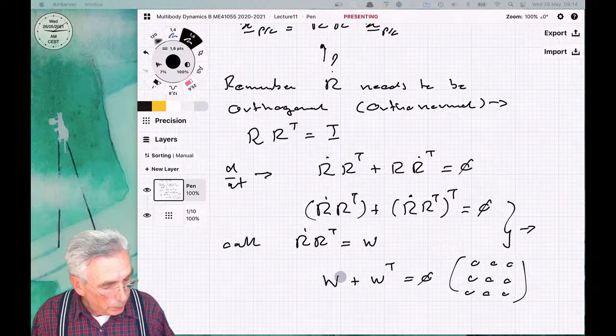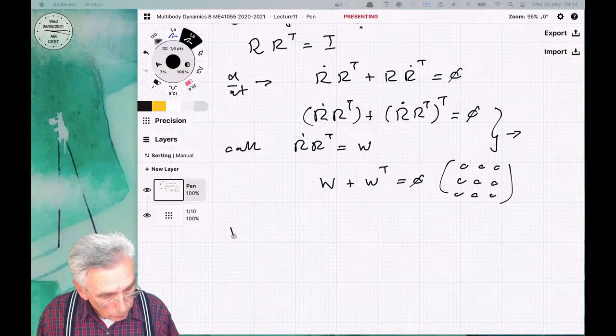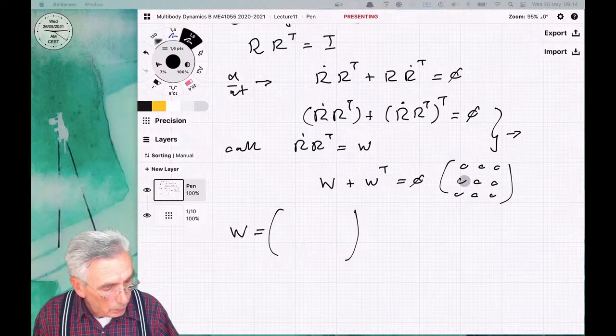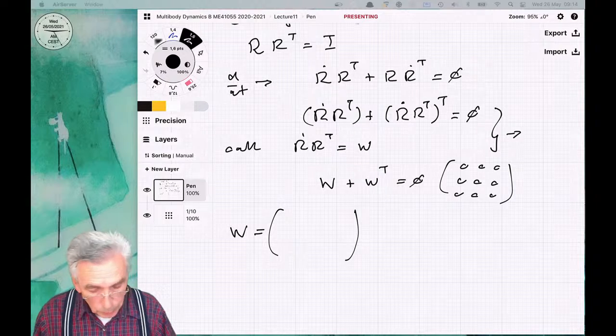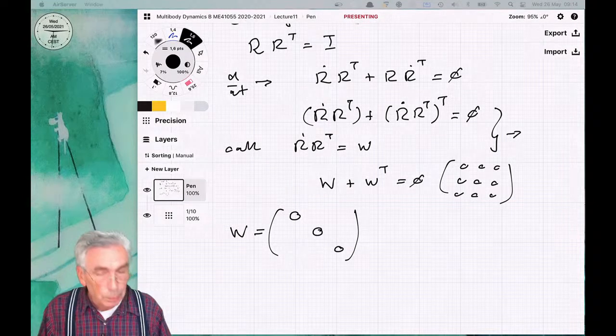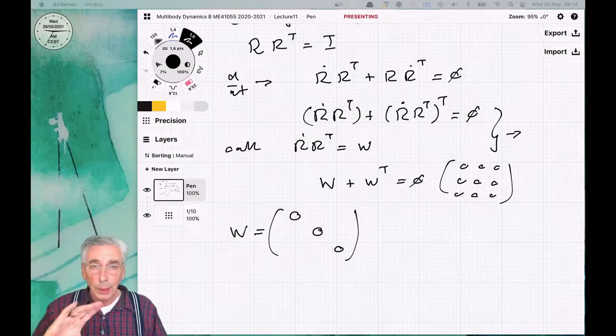Well, which matrix, when you add it with a transpose, gets all these zeros? So we have to have a matrix, and it has 9 entries, and if you take the transpose and you add them up, then, well, it means first of all that, of course, at the diagonal there must be zeros, because the diagonal doesn't change when you do the transpose.